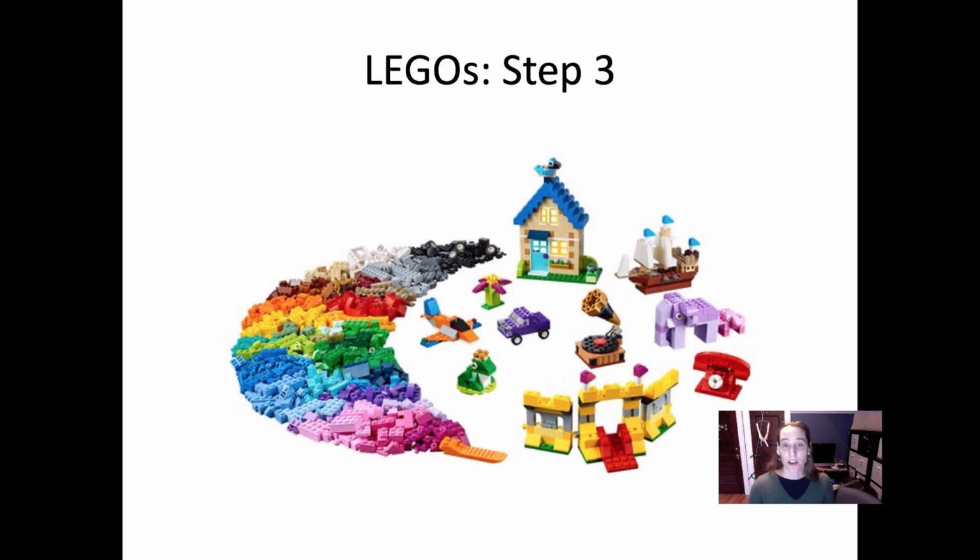Now, some children would look at these Legos without the instructions, and they would just start building and see what happens. And they would learn the same things as the other children learned with those step-by-step instructions. Some children can do that. Others will be frustrated by that. And they will want the step-by-step instructions. And then once they've done it enough times, then they will build whatever they want. So it all depends on the student.